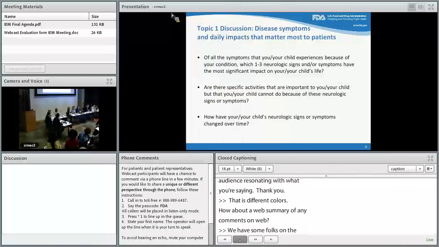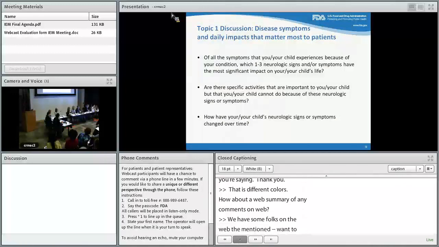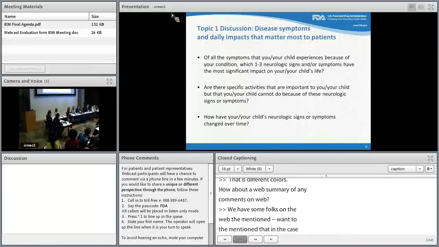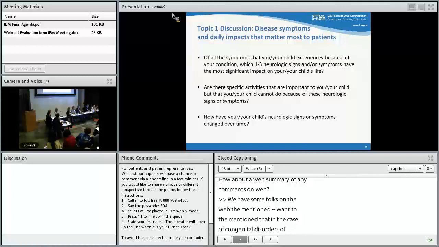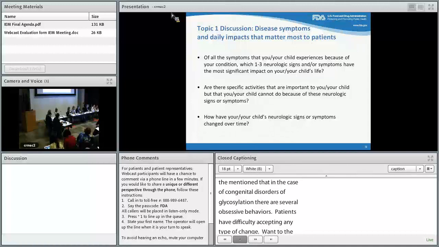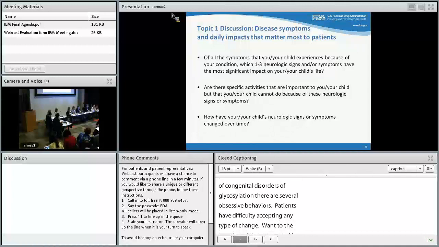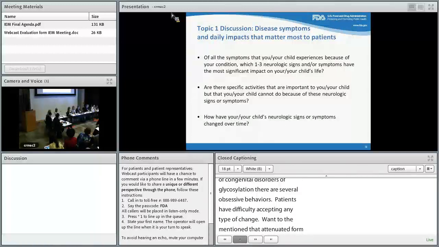We have some folks on the web. One participant mentioned that in the case of congenital disorders of glycosylation, there are several obsessive behaviors where patients have difficulty accepting any type of change. One participant mentioned that the attenuated form of mucolipidosis 3 shows signs of short-term memory loss.